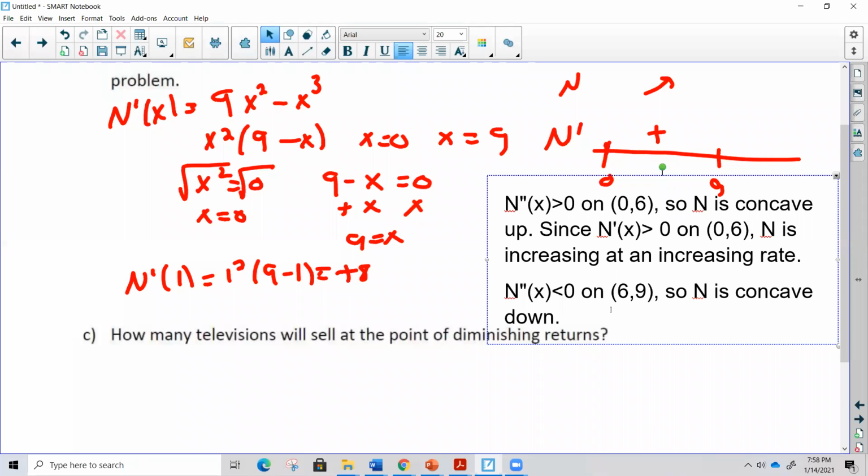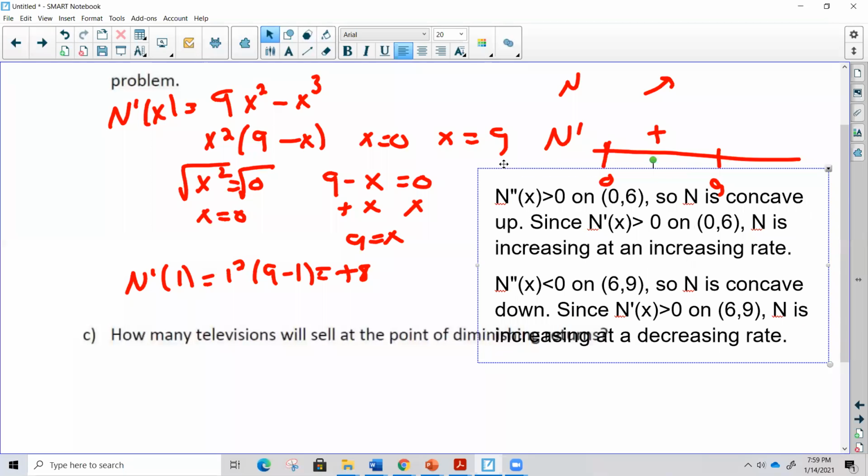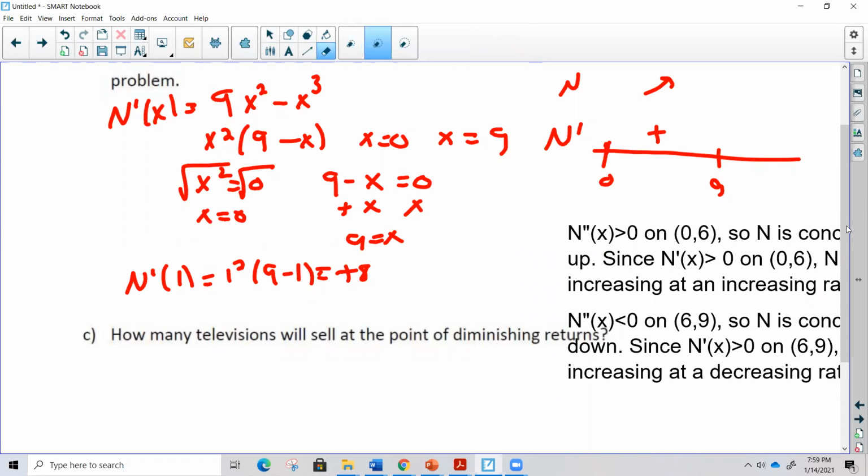And then on 6 to 9, since n prime of x is still greater than 0 and it's concave down, n is increasing at a decreasing rate. What that means is the slope is decreasing. The slope is still positive, so my original function is increasing, but the slope is decreasing.